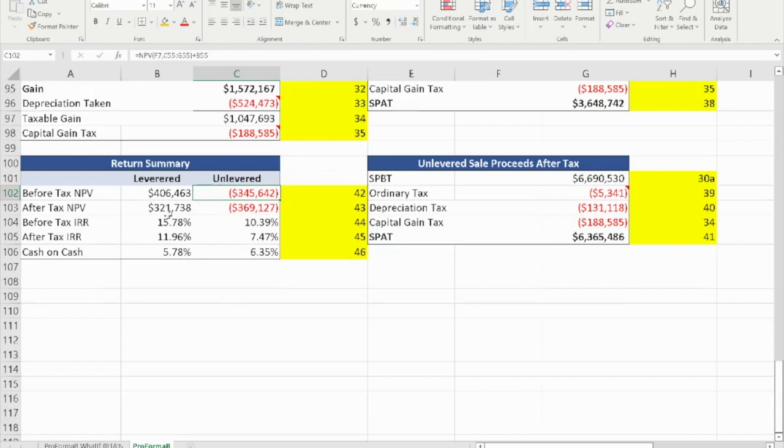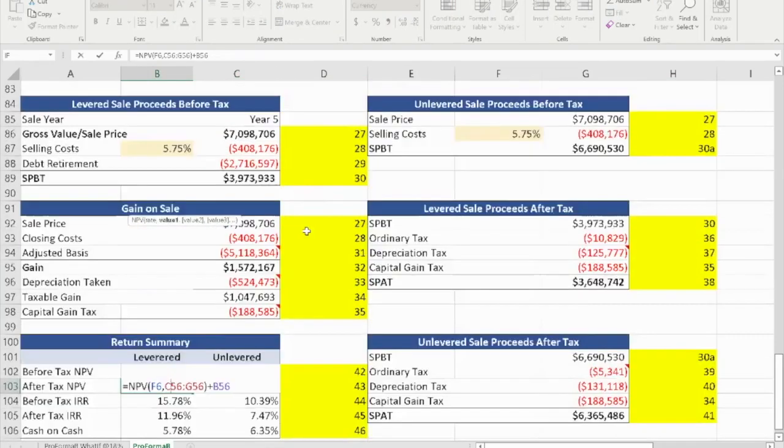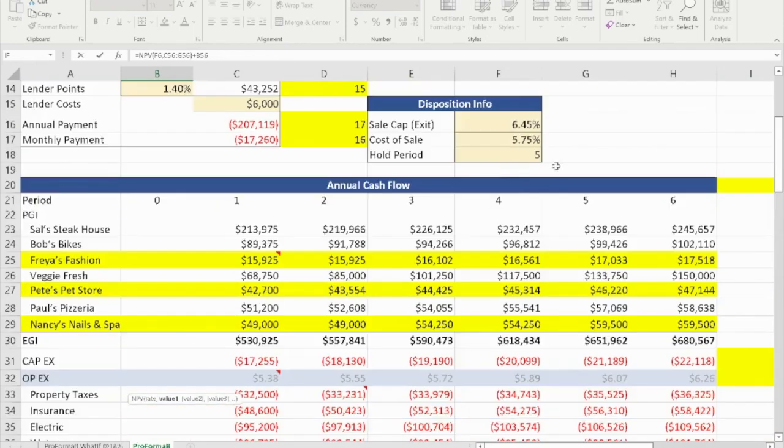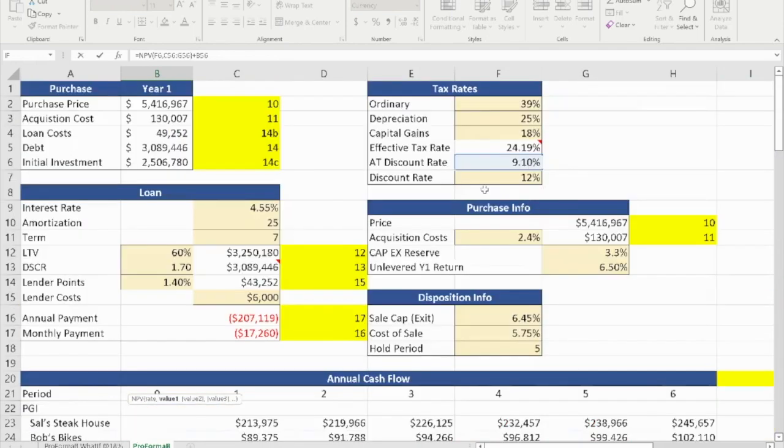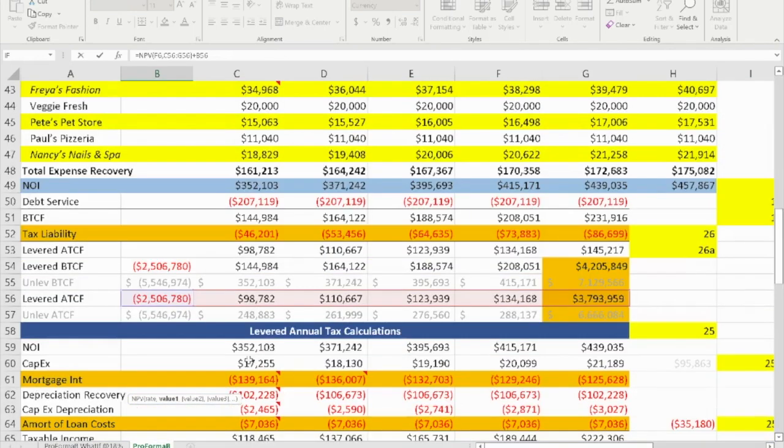For the levered after tax NPV, you will use the same exact formula, equal NPV, reference the rate, the after tax discount rate up here. And we're going to utilize years 1 through 5, close the paren, and then you're going to add back the year 0.